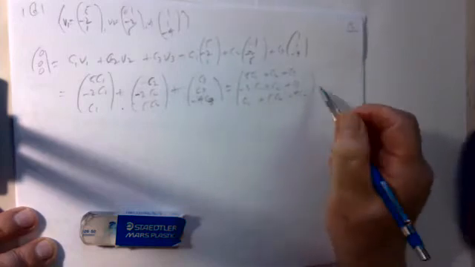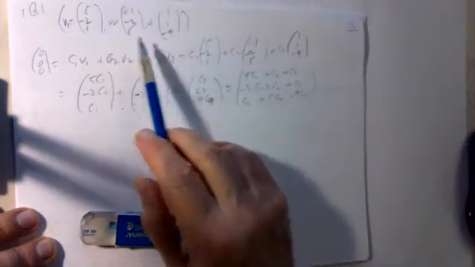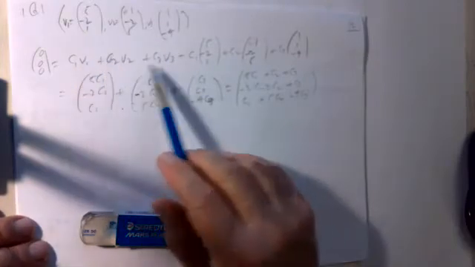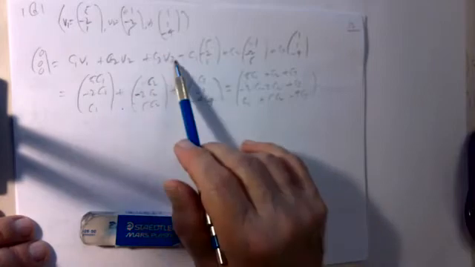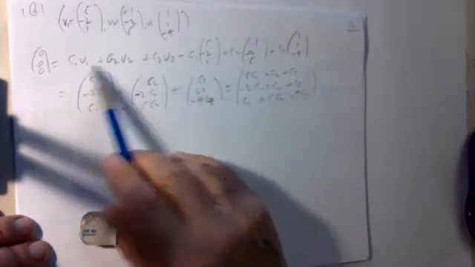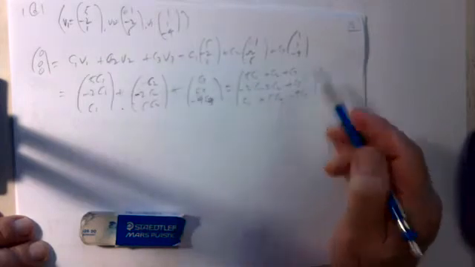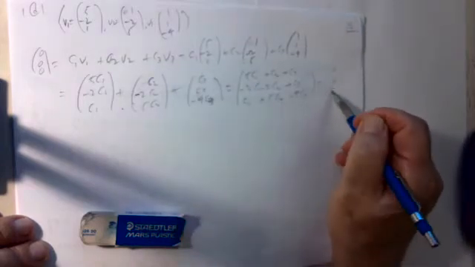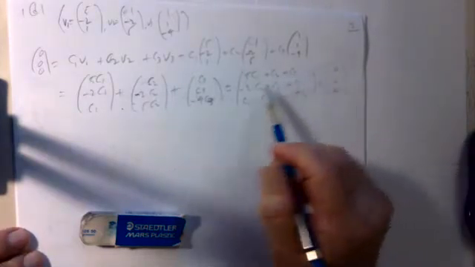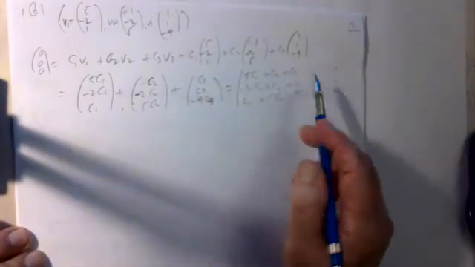So we started with this set of 3 vectors, and suppose we have scalars C1, C2, and C3 such that this linear combination is the 0 vector. When you write it out in coordinates, C1, C2, and C3 are scalars for which these two vectors are equal. So the coordinates are equal.